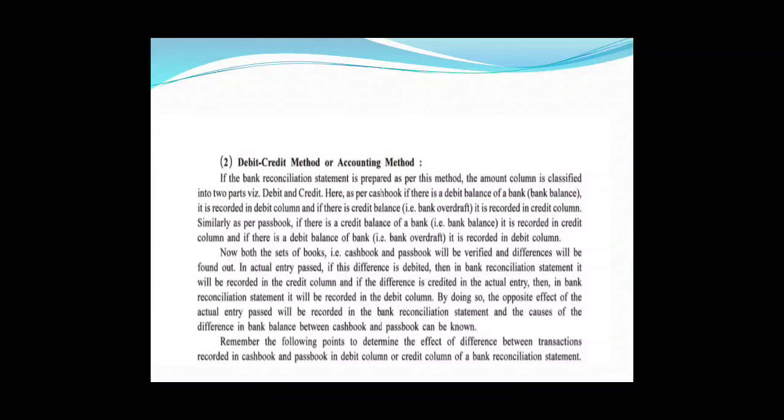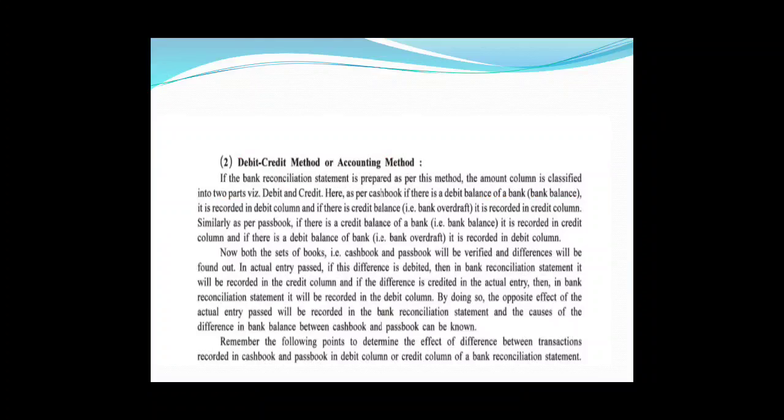If the balance as per cash book is given, debit balance as per cash book, which is known as bank balance, we will be writing that at the beginning of our statement in debit column. And if it is given credit balance, that is bank overdraft, we will be writing in the credit column of our bank reconciliation statement.